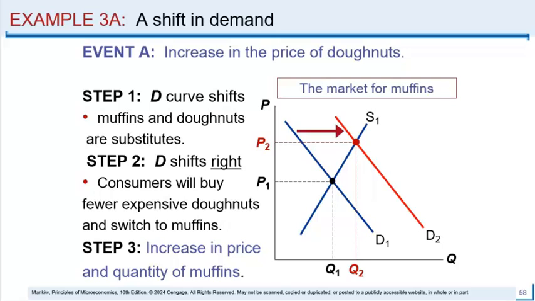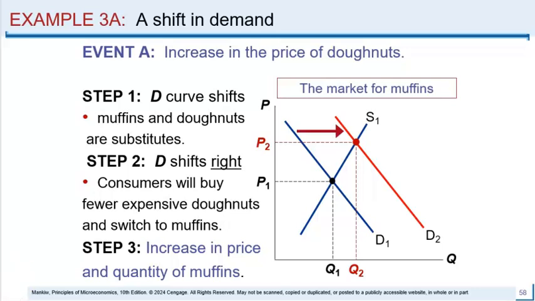But that also means, muffins and donuts being substitutes, some of the consumers might find muffin to be a less expensive option. Some of the consumers might want to switch to consuming more muffins than before, switching away from the market of donuts. So the demand curve for muffins would shift to the right.